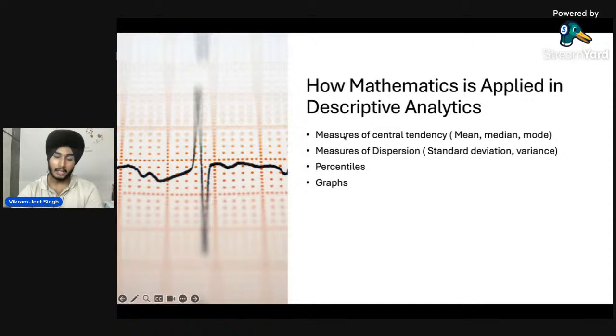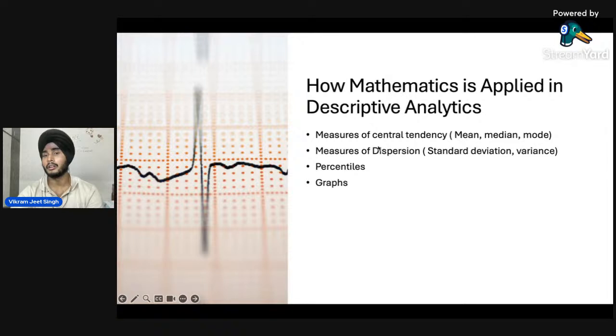I will give an example for each of these four concepts which I have written, because these are, we can say, the beginner friendly tools which are used in descriptive analytics. So measures of central tendency are used a lot in descriptive analytics, like mean, median, and mode.